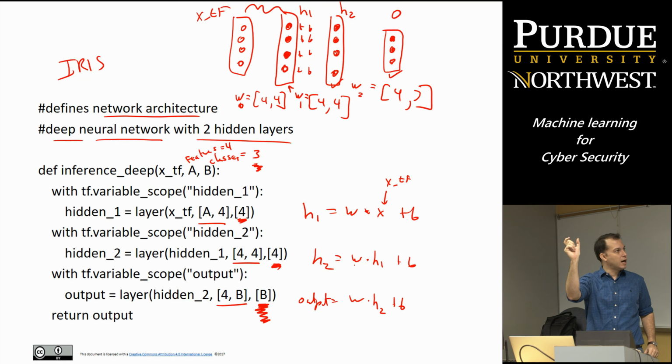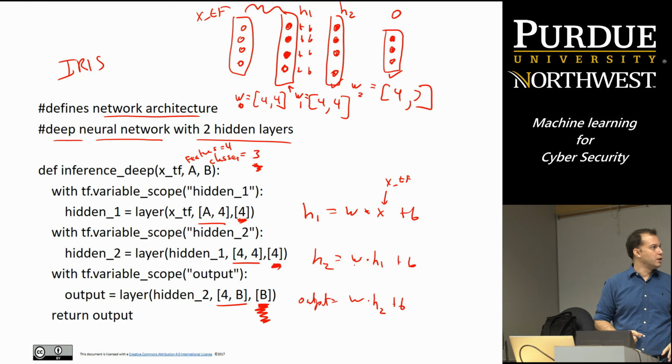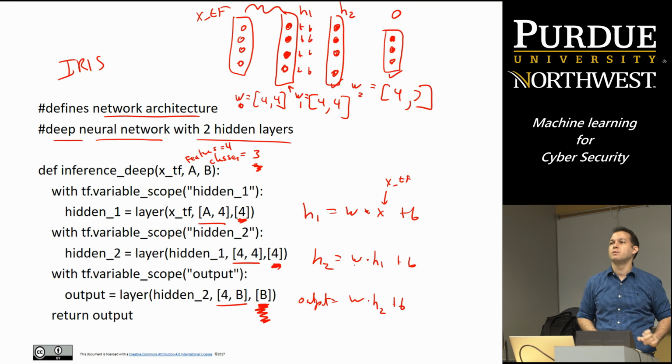And then when you do, for instance, let's take the first one, you do it in variable scope hidden 1. So now you create W, but in front of it you say hidden 1. So now the variable can be referenced in the computational graph as hidden 1/W, or hidden 1/B. In the next one, it's the same.